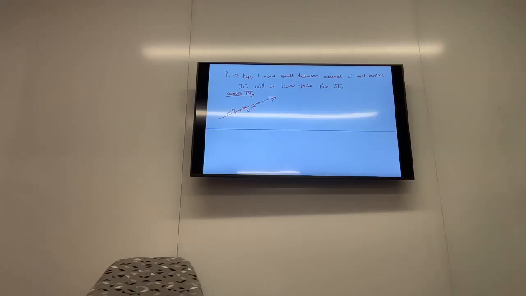Because if we're trying to draw it, as we go from here to here, we have a lot of energy. So our photon is going to look like this: a lot of energy, short wavelength.